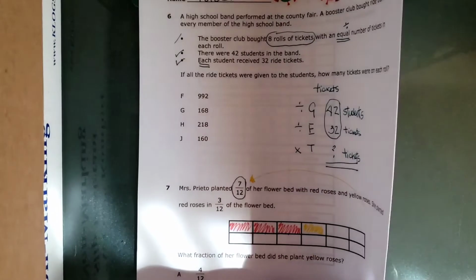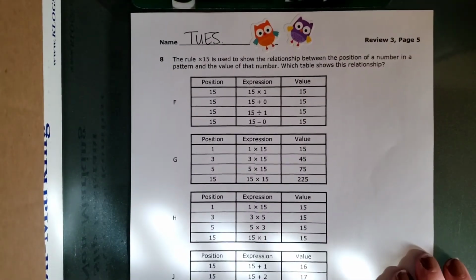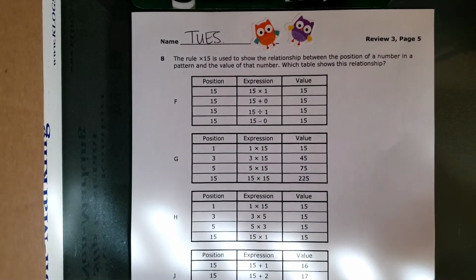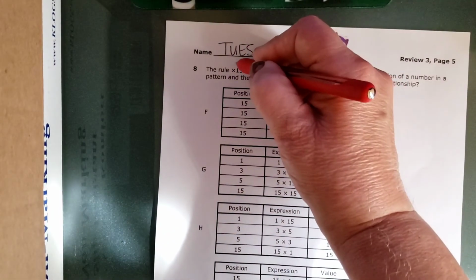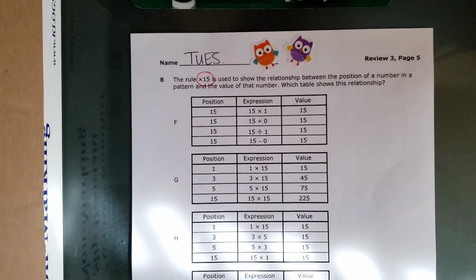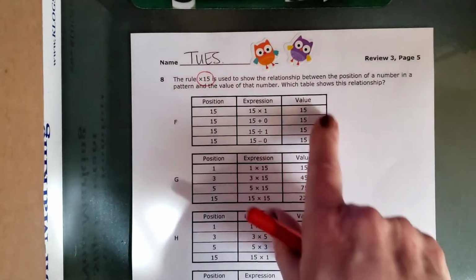All right, and this is the last one, and it's one of those find the rule. The expression needs to go with the position. So the most important thing here would be the rule itself. So it says the rule times 15 is used to show the relationship between the position of a number in the pattern and the value.